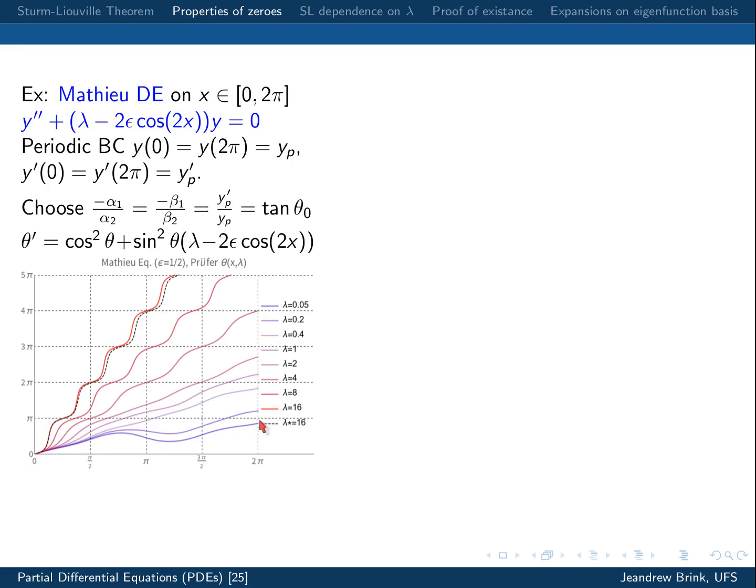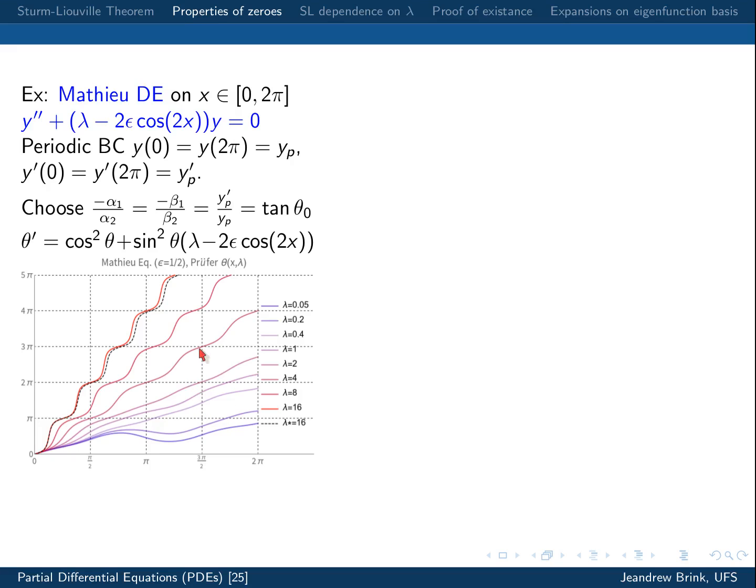Okay, so this is an example over here. And then as we increase lambda, it goes up higher and higher. And remember, we've just proven that if lambda increases, theta of x, lambda is monotonically increasing. So what that would mean visually over here is that a line with greater lambda never goes below the other ones.